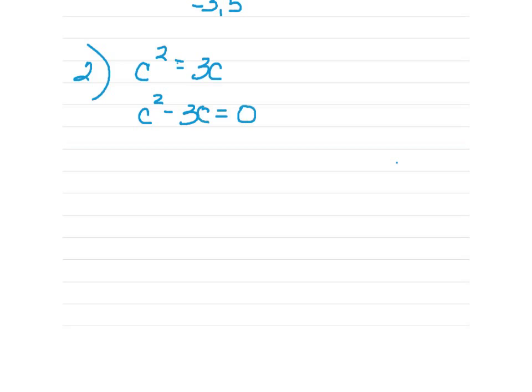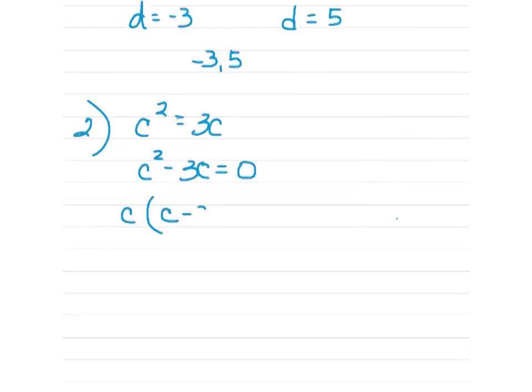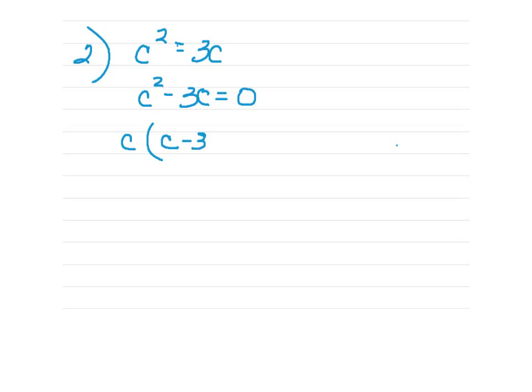So once we have made our equation equal to 0, I now have to factor the expression. So I have a greatest common factor here of c times c minus 3, I'm very sorry, I don't know what's going on, is equal to 0.